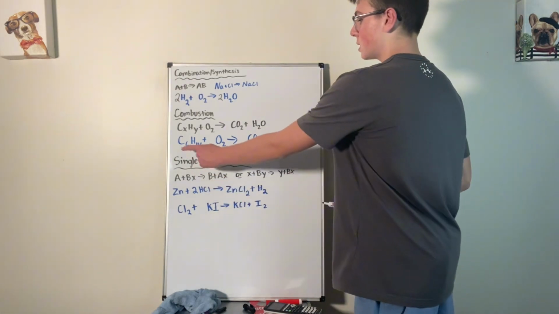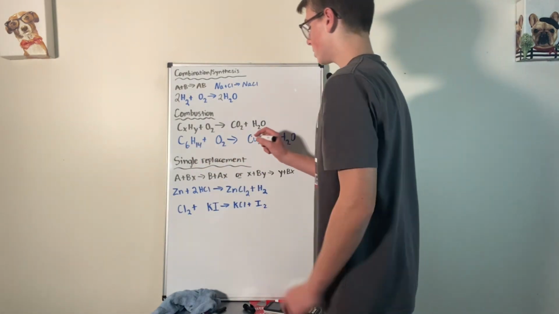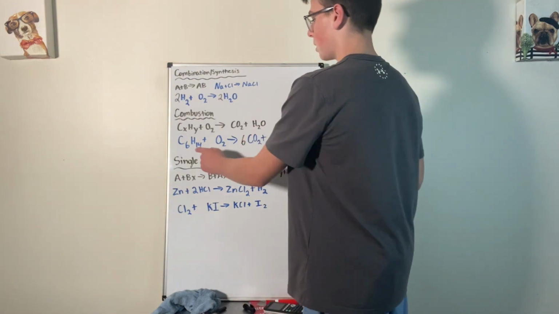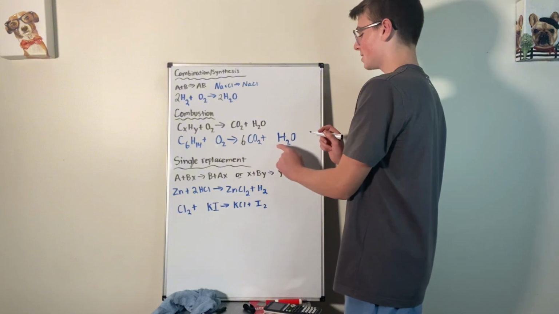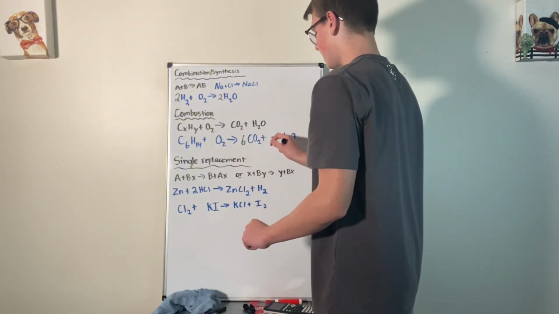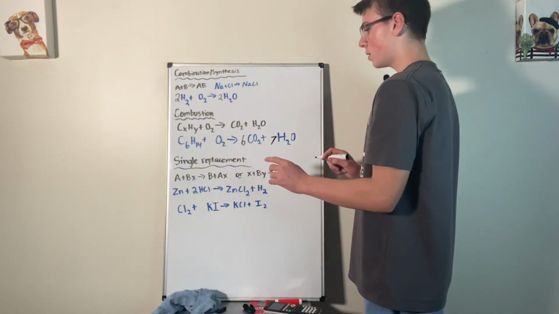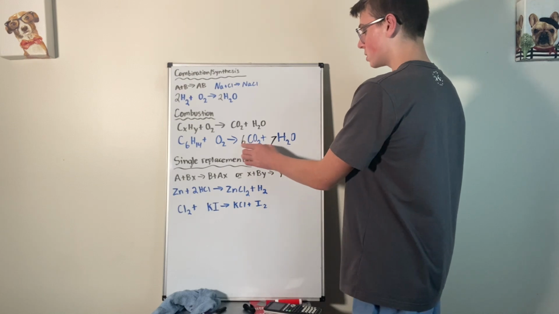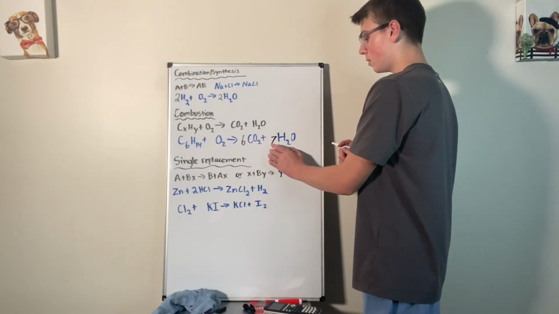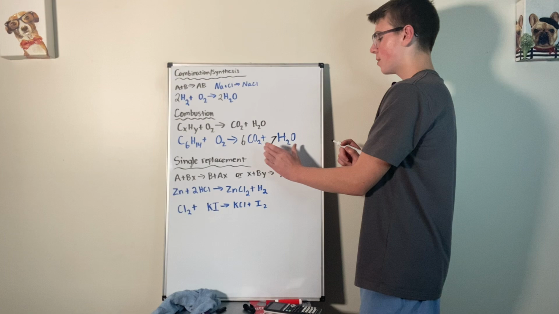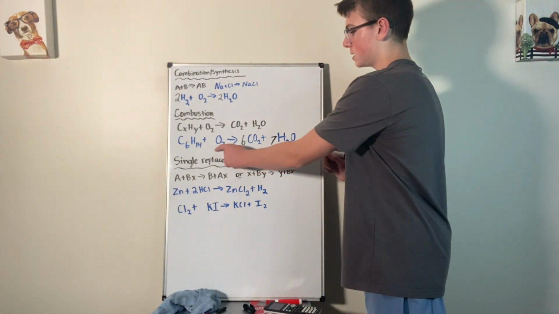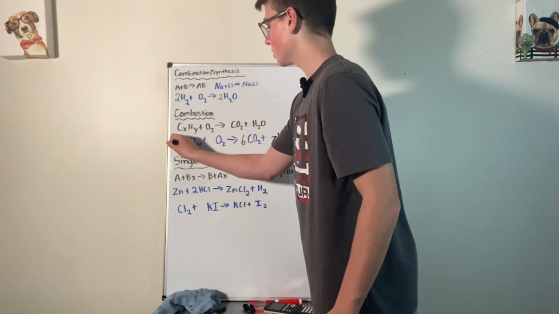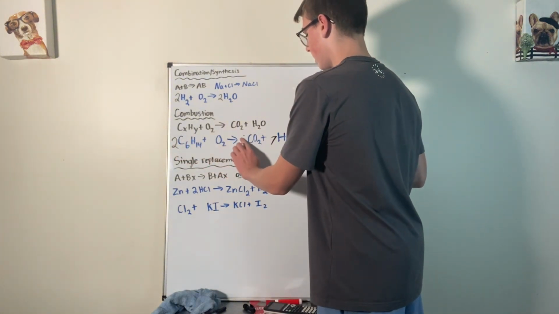Okay, there's 6 carbons over here, there's 1 over here, so we need a 6. There are 14 hydrogens, 2 hydrogens, so we need a 7 here. Then we see there are 12 oxygens plus 7 oxygens is 19 oxygens. Well, we can't get that on this side with an even number, so we put a 2 here and double everything.